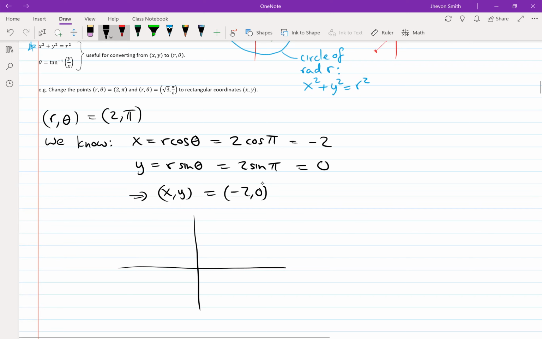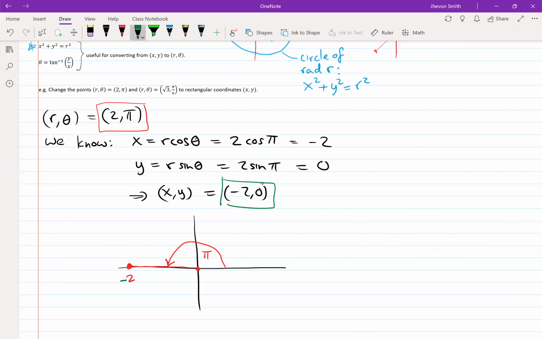In the polar coordinates version, this is an angle of pi, meaning you go like here, that's your pi, and then you go a distance of 2 units away from the origin. That brings you here. Clearly, in the xy coordinate system, this distance 2 would be -2, and this is -2 comma 0.